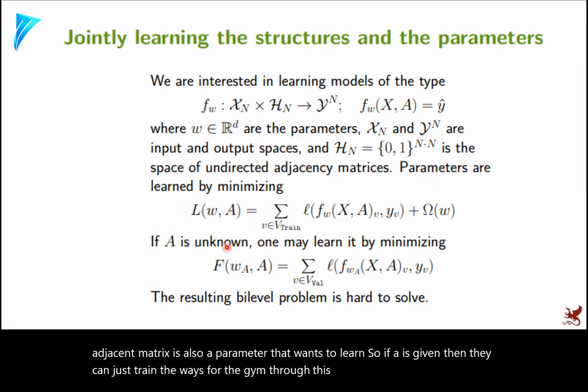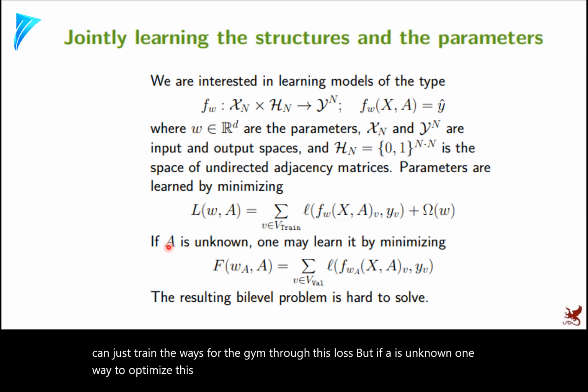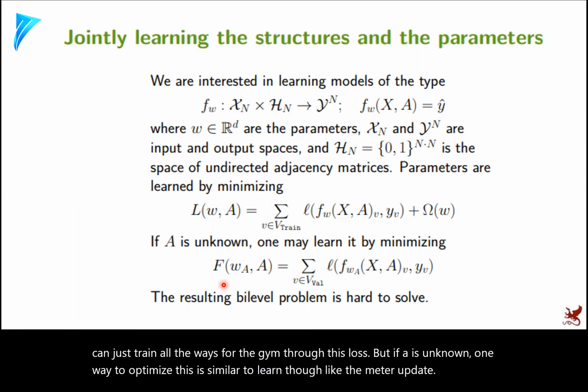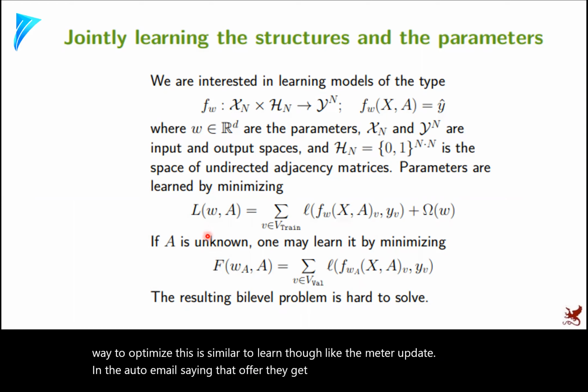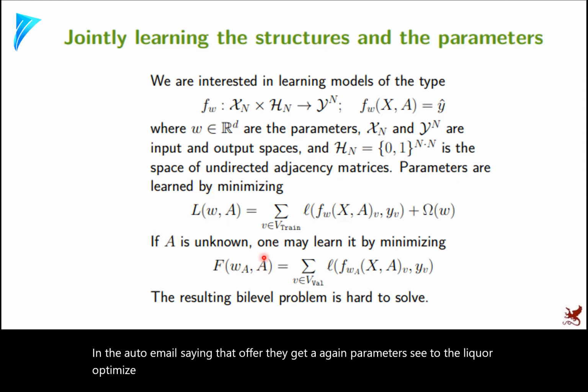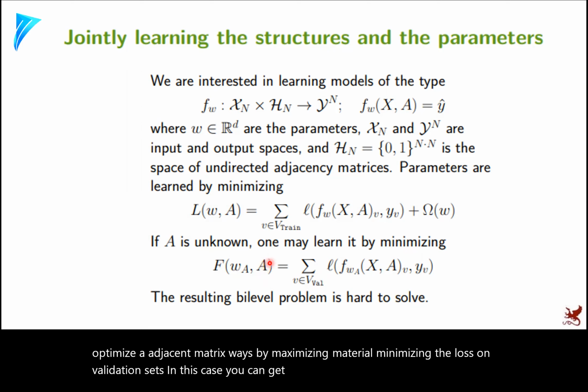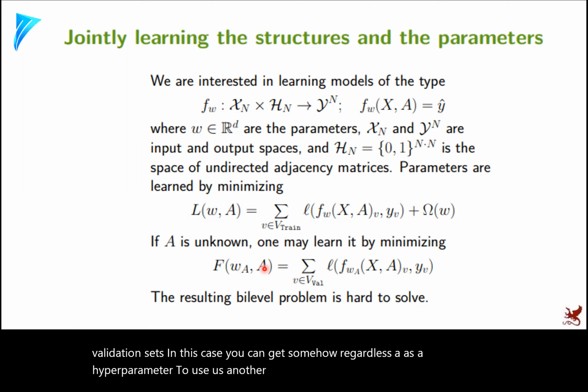But if A is unknown, one way to optimize it is similar to the meta update in the AutoML setting: after they get a GNN parameter theta, they can optimize the adjacency matrix A by minimizing the loss on the validation set. In this case, A is regarded as a hyperparameter, and another validation set is used to update it.